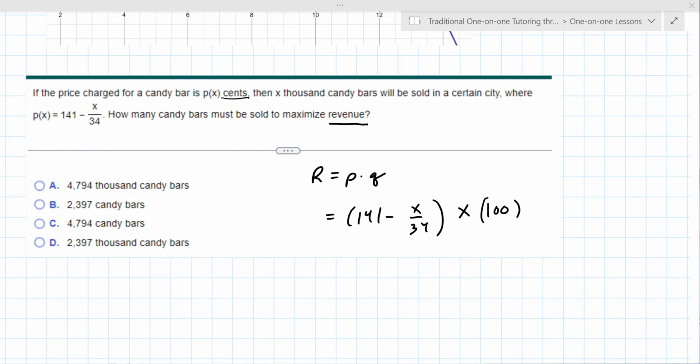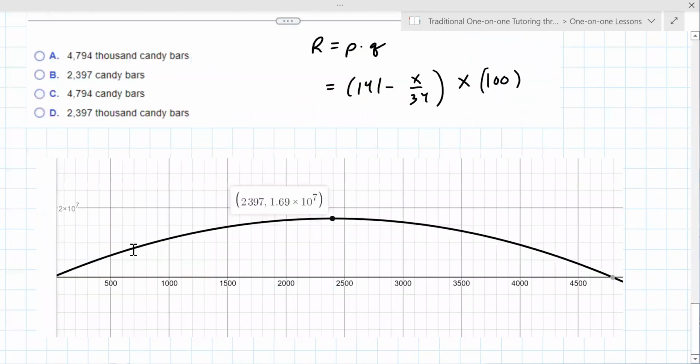So I got to change my window to, let's see, the biggest number in that list is about 5,000. And then on the Y, I see. Now I know why they gave it to you, because the number gets huge, really big. All right, so here we go. So here's the graph of it.